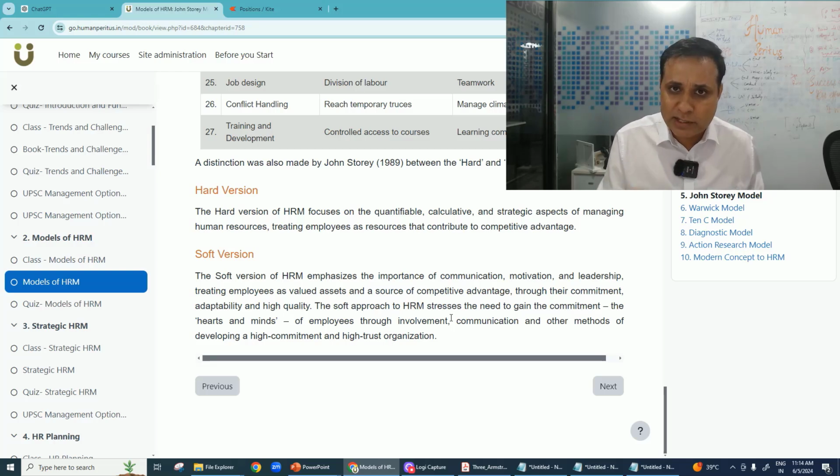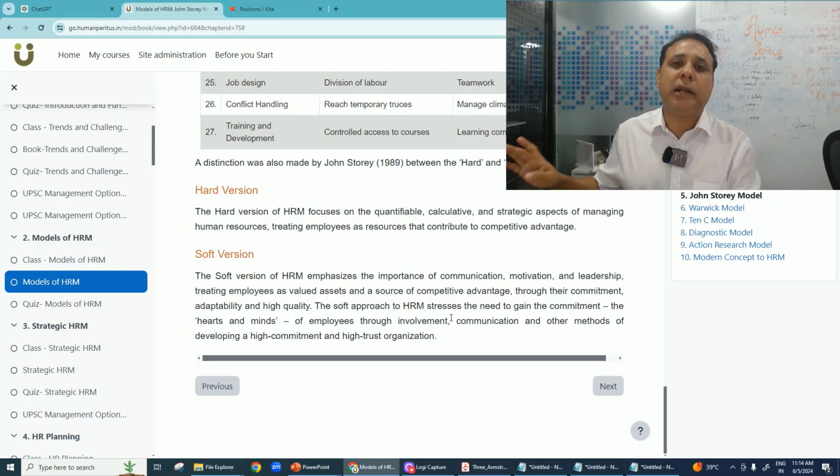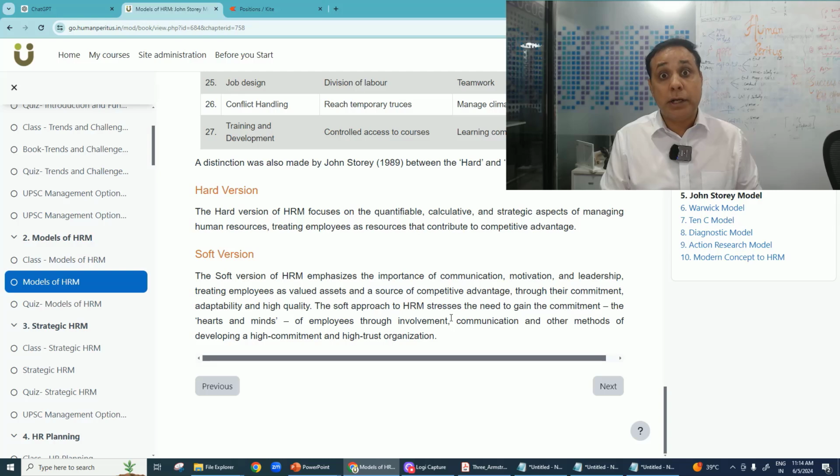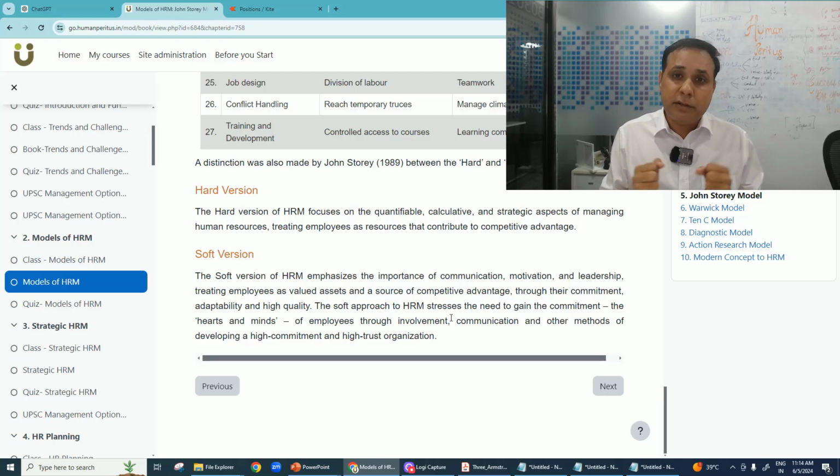But in soft HRM, let us focus on the employee and these things will automatically come. So you focus on leadership, communication, motivation, and work-life balance. This is the soft version of HRM. John Storey created this difference for the first time between soft HRM and hard HRM.